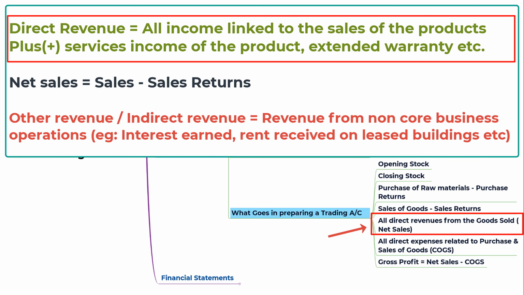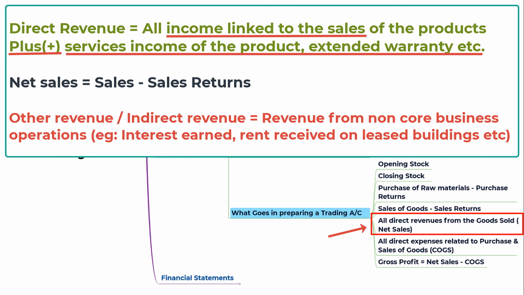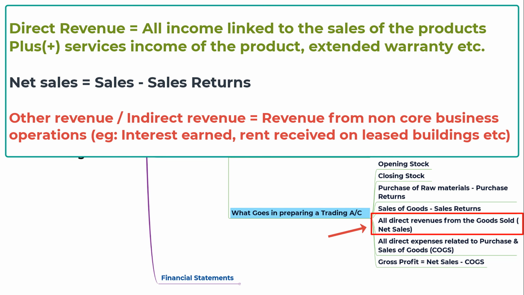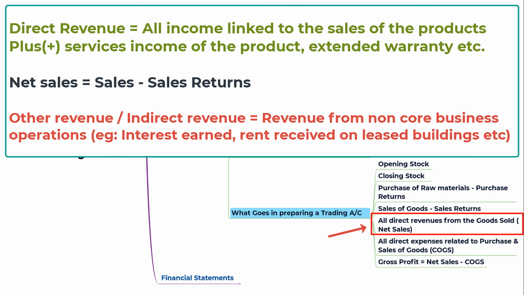This is an extra revenue coming directly, which is linked to the sales of the goods. So we need to take into consideration the revenue that we are getting directly from the sales. Not just the net sales, but also the revenue that is linked to the sales. Okay. We could have mentioned other revenue, but other revenue which is not associated with core operations is not called direct revenue. That's the reason we are saying direct revenue here.